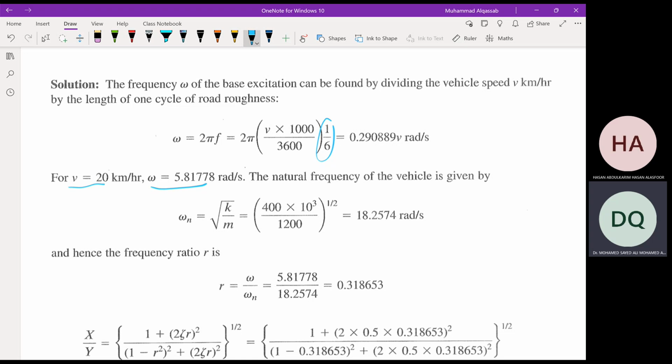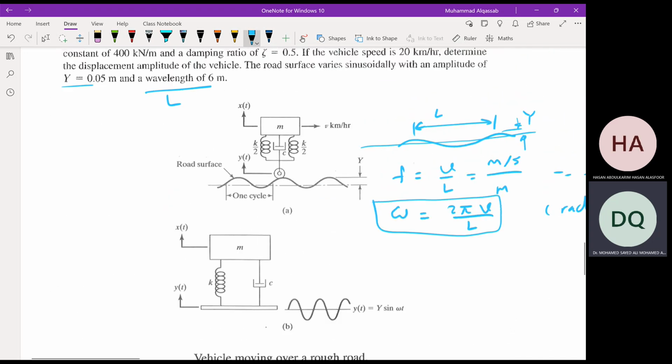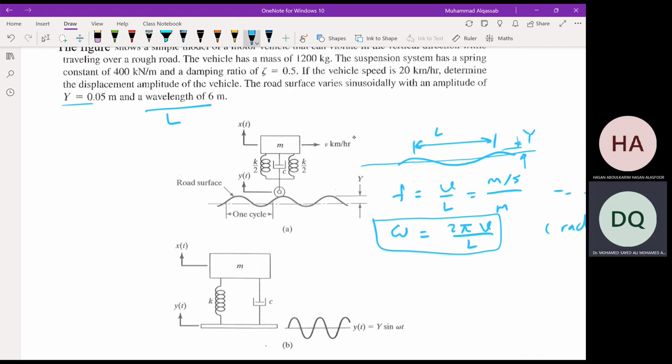The natural frequency of the vehicle is square root of K over M, as usual, because the car is assumed to be a simplified model as a single degree of freedom system.